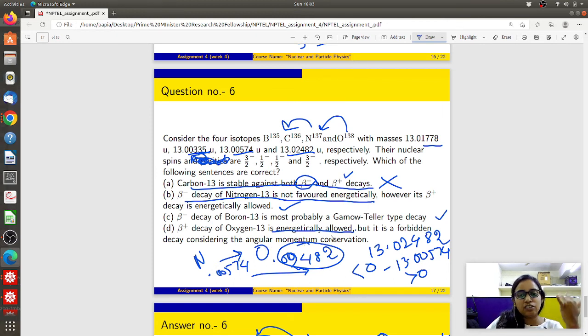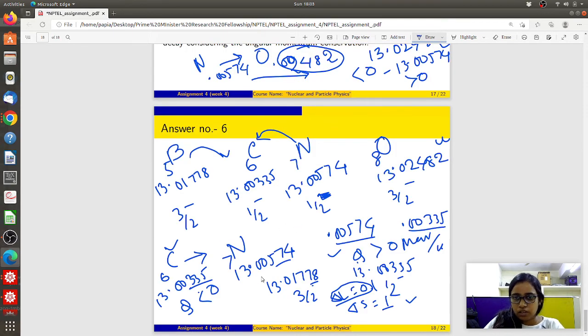Is it or not? We have to see. Oxygen to nitrogen means 3/2 minus to 1/2 minus. So delta L equals 0 here, so it's an allowed transition.